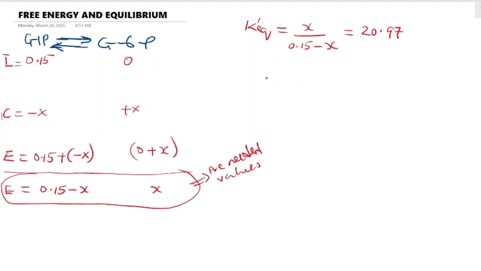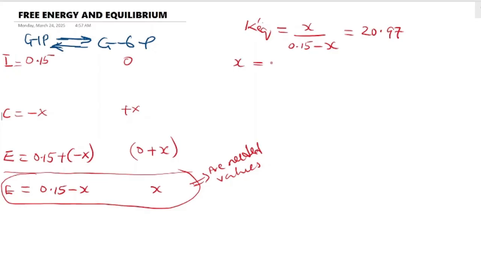This whole equation implies the product over the reactant at equilibrium. So X is what we are looking for. To solve for X, we make X the subject of the formula.